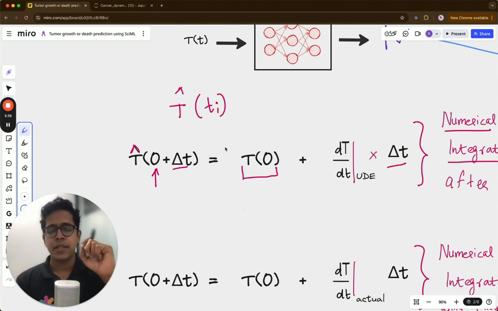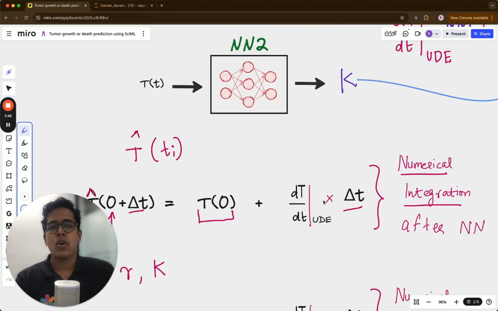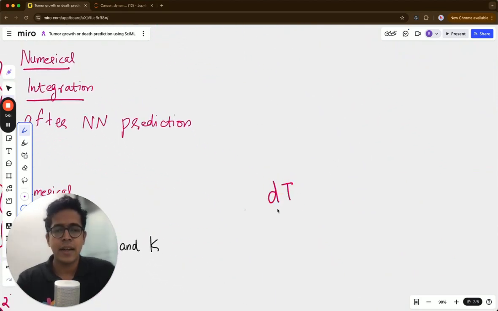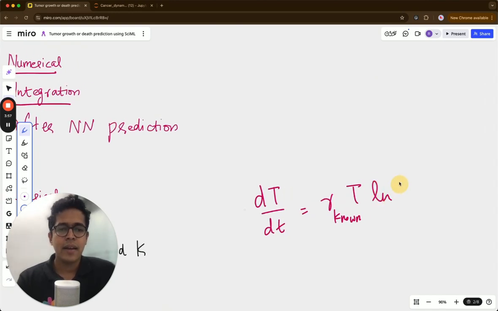The other option is you take the Gompertzian model by assuming the values of parameters R and K. So you take known values of R and K and then solve the same differential equation. And what is that? It is dT by dt equal to R, known value of R, multiplied by T ln(K/T).